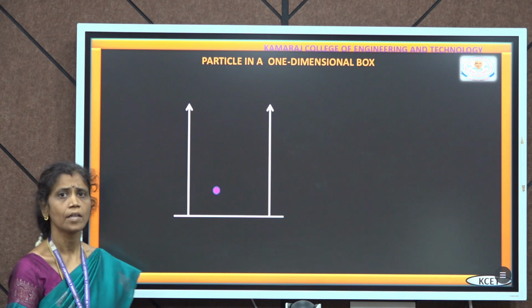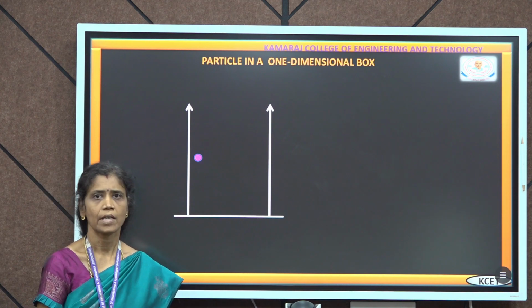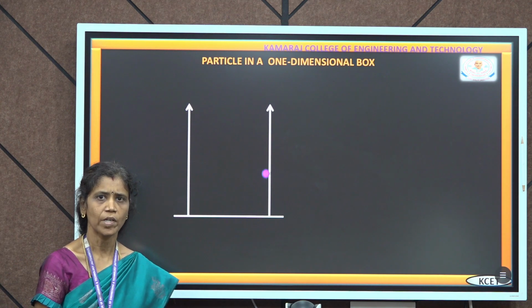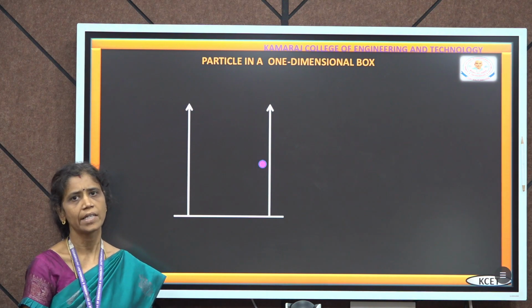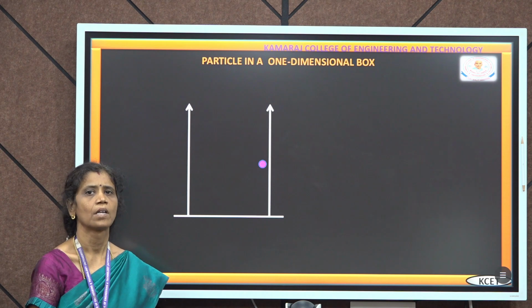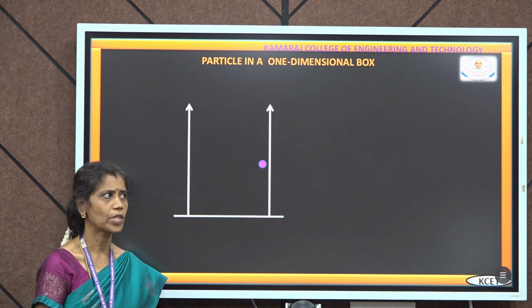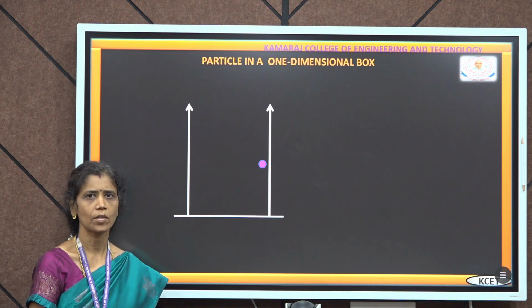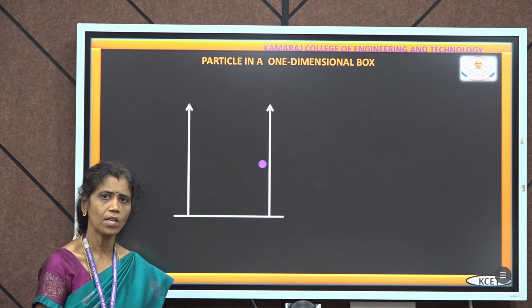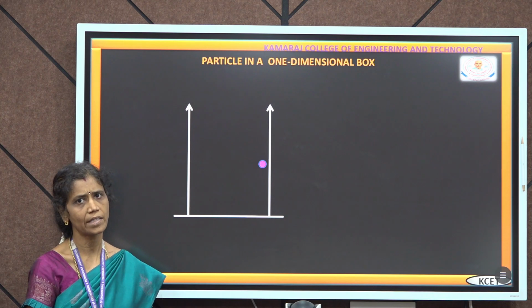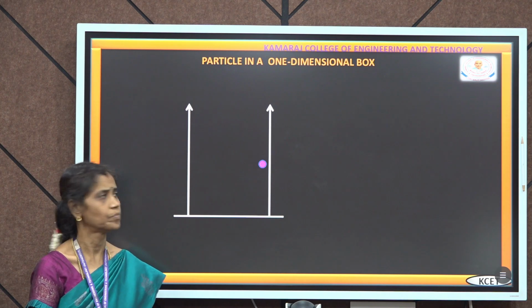So consider a one-dimensional box. Consider a potential box with one dimension and its length is L. Inside the box, the potential energy is 0, and outside the box and at the walls of the box, the potential energy is infinity.